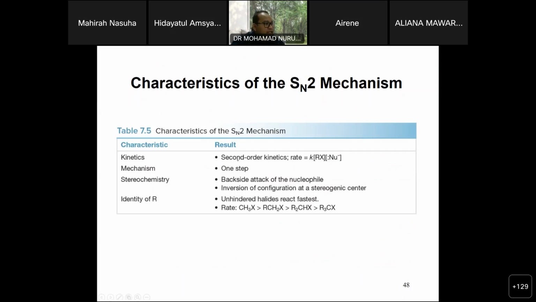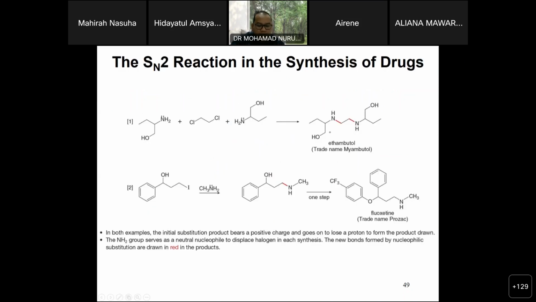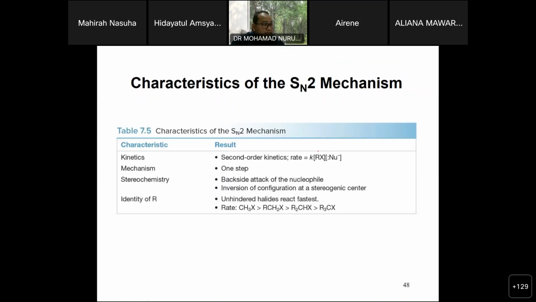The first one, for the kinetics, is a second order reaction, which depends on both concentrations: this one is the alkyl halide, okay, alkyl halide, and this one is the concentration of nucleophile. If we increase one of them by 10 times, the reaction rate will be increased 10 times. Okay, so this is a one-step reaction.